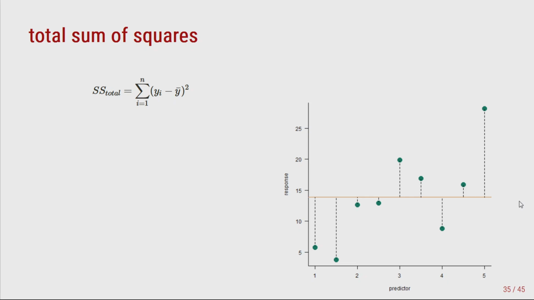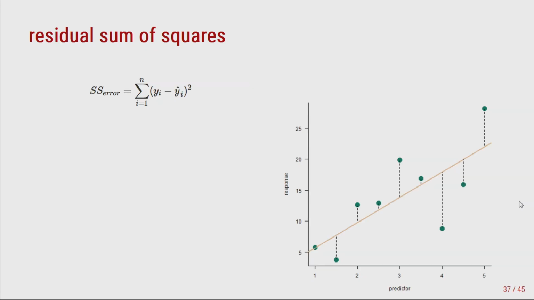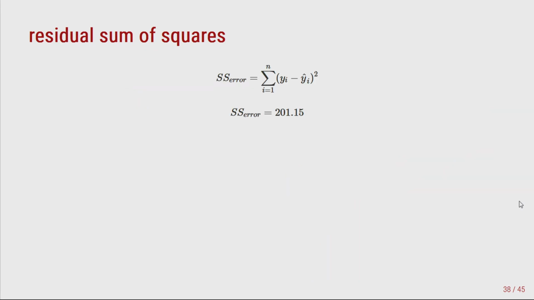This is 200. So the rest is from this part, the other 250. And this gives us the idea of how good our predictor variable is in predicting our data.